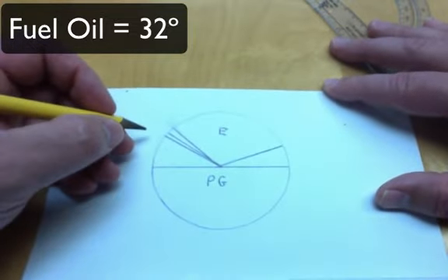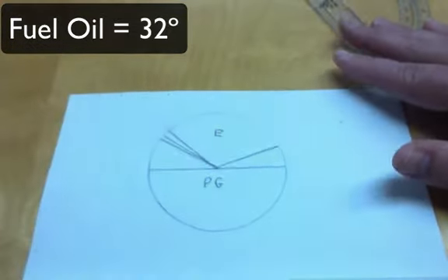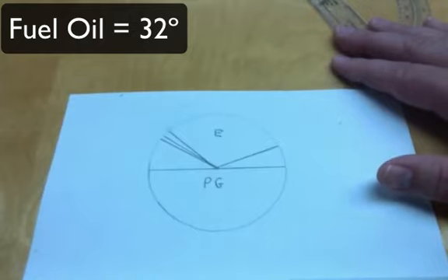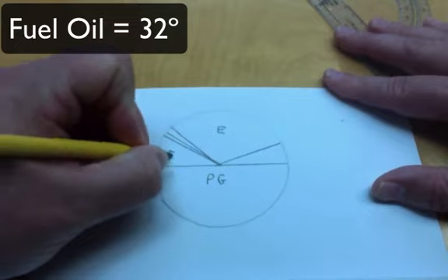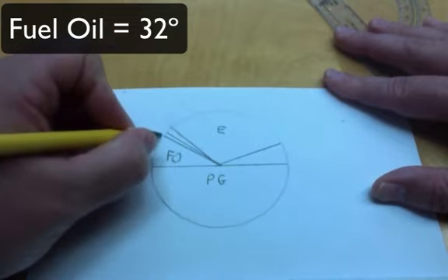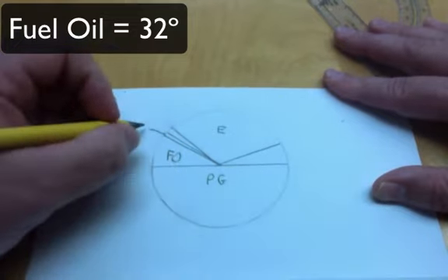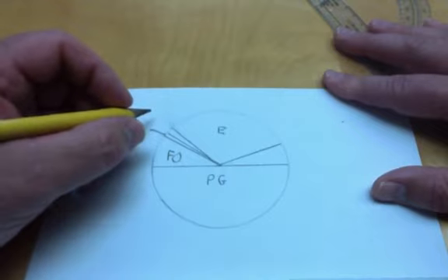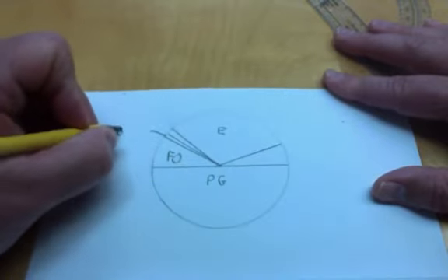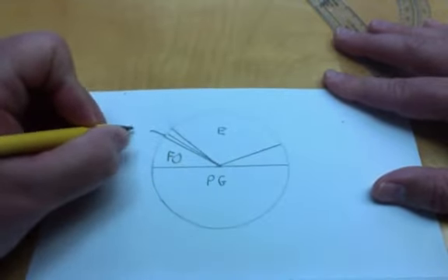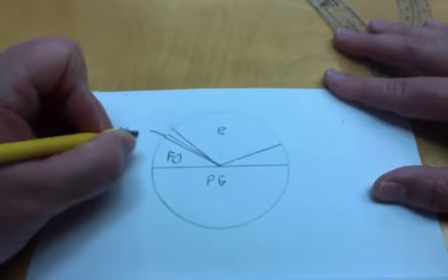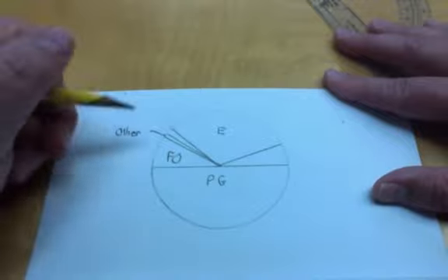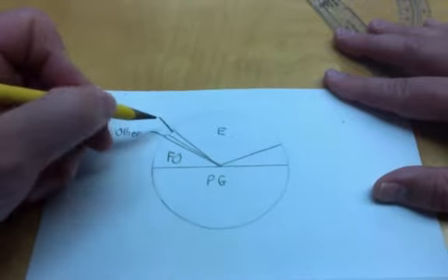So I'm all done drawing radiuses now using my protractor. Now I just have to do a little bit of labeling here. I'm going to put the fuel oil, FO. And typically when you're labeling a circle graph, if you have sections that are too tiny to write in, you draw a line from them outside and you do your labeling on the outside.